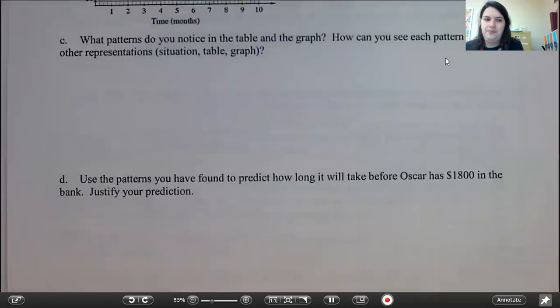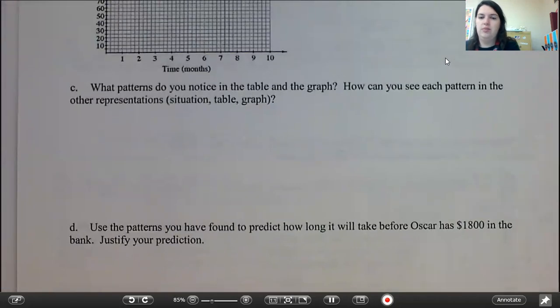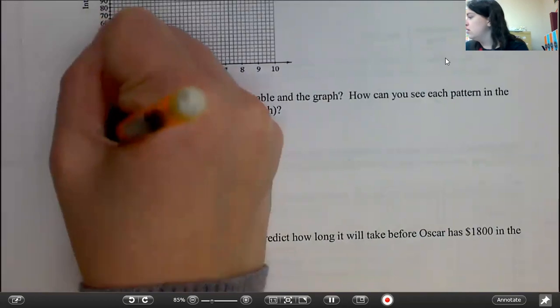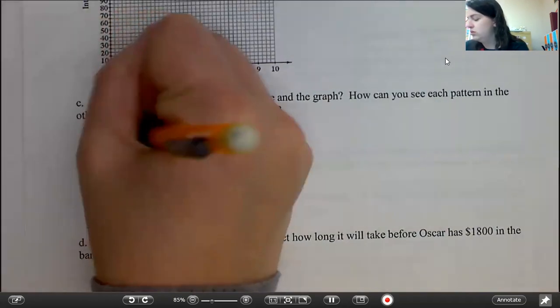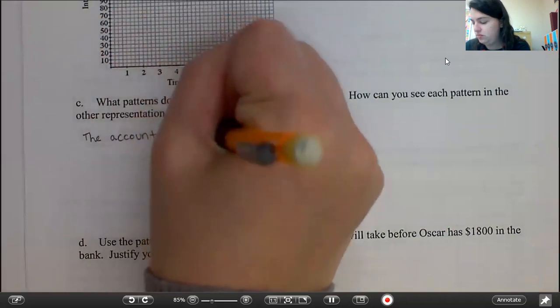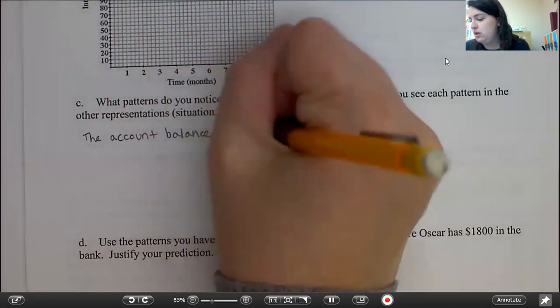Looking at C, what patterns do you notice in the table and the graph? How can you see each pattern in other representations, situation, table, and graph? So let's talk about this. So I just said this kind of with the slope triangle. We see that the account balance increases by $20 each month.